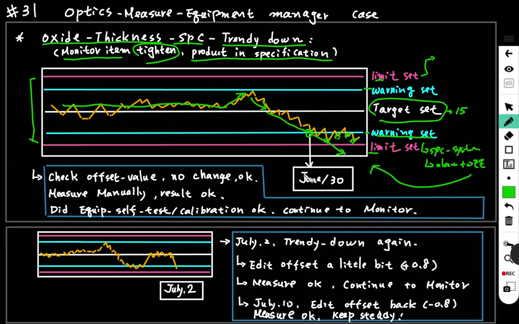This is June 30. The engineer checked the offset value. No change. It's okay. And the manual measurement of the monitor wafer result is okay too.